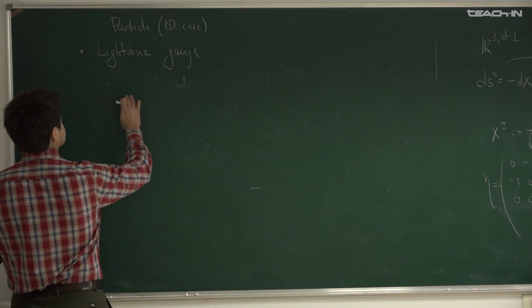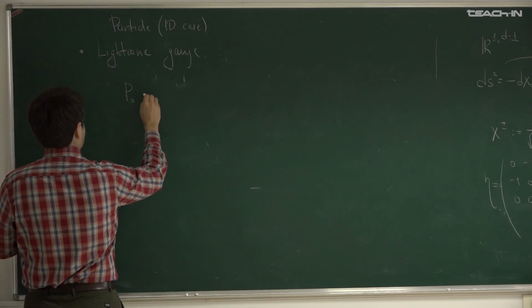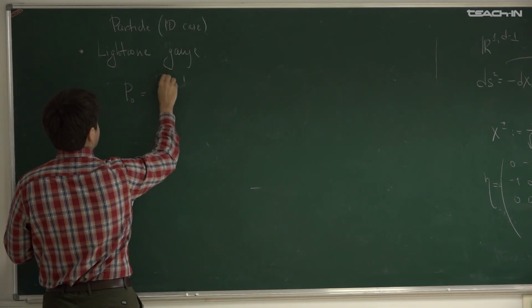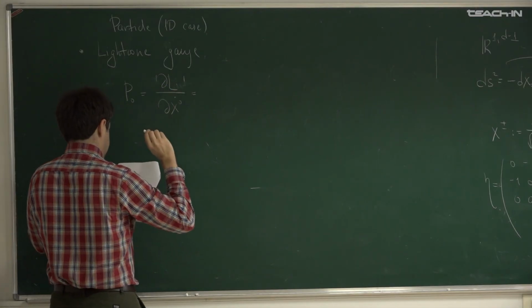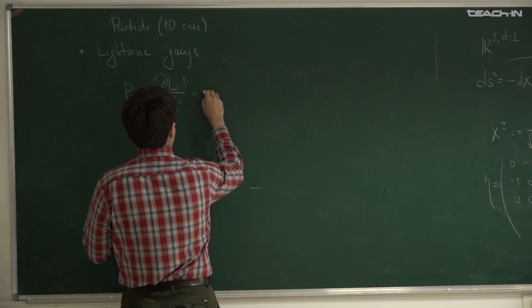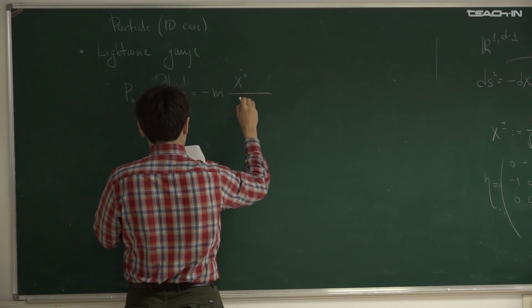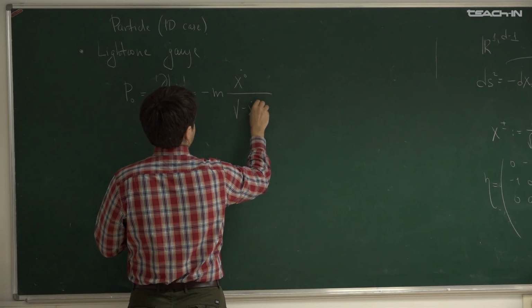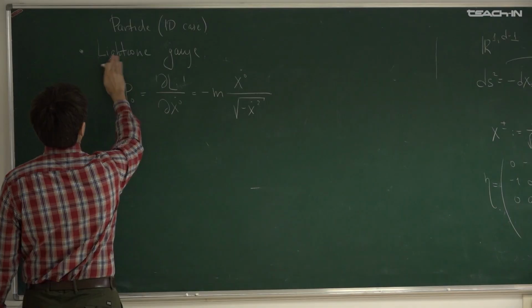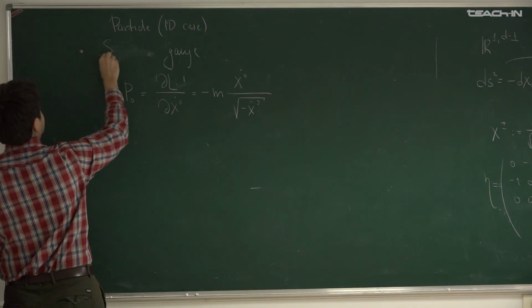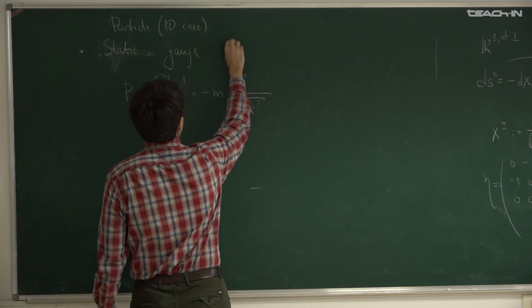So first of all, in the case of the particle, p0, the momentum, which was dL over dx0 dot, is minus m x0 dot over square root of minus x dot squared. So maybe I'll say first we start with static gauge. This is for the particle. So the static gauge is x0 equals tau.